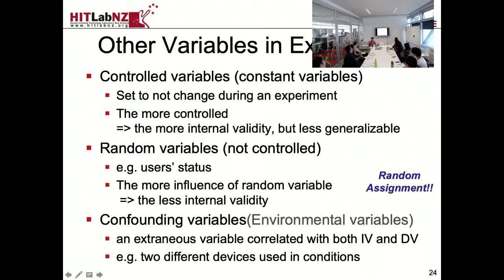And then what are the random variables? For example, the user's knowledge background. Who has a knowledge background? The users. Yeah, right. So the user is always a random variable.